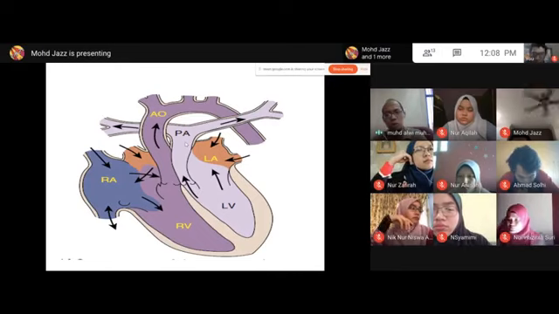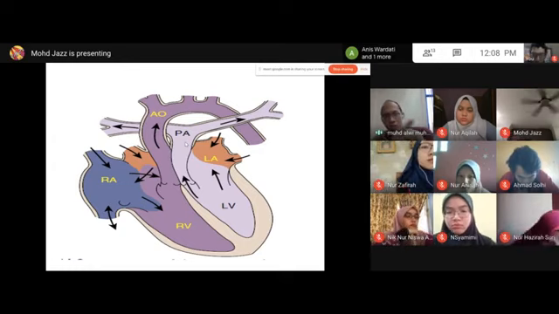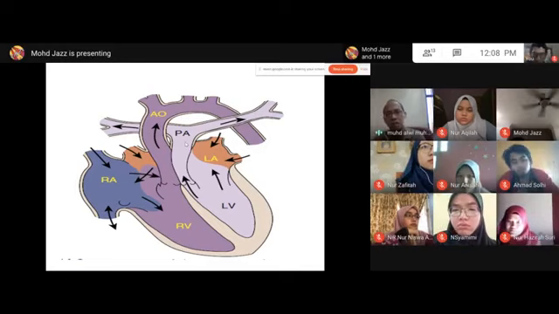If you look from the front, you will only see one vessel because the aorta is at the back of your pulmonary artery. But in transposition of great arteries, both become parallel.